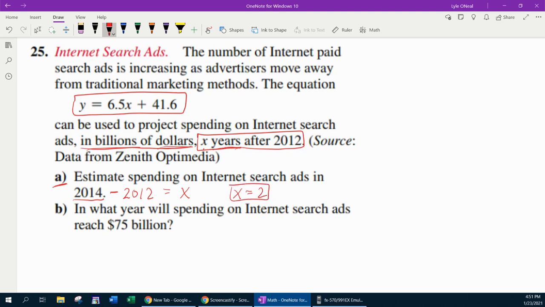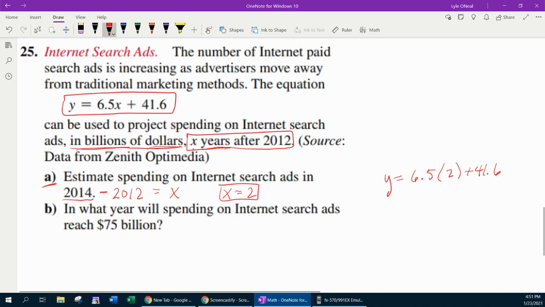What am I going to do with this 2? I'm going to substitute it into my equation. Y equals 6.5 times 2 plus 41.6.